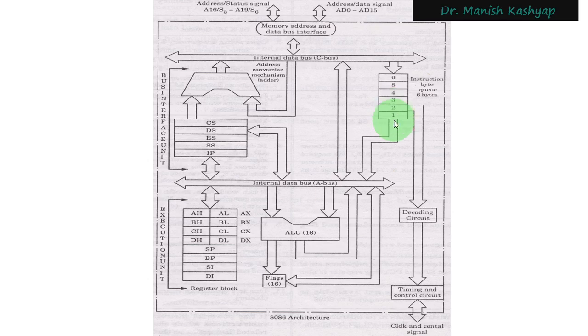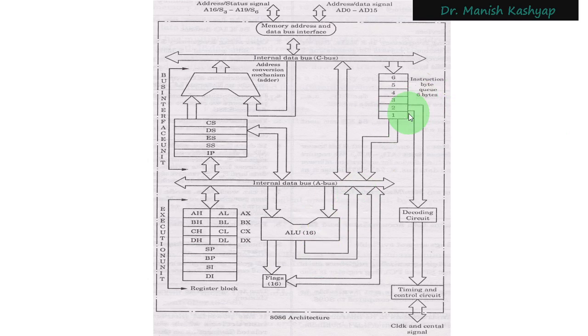So suppose 2 bytes are consumed, it will again take 2 bytes from the externally interfaced memory and keep them here, so that the execution part is separated from the fetching of instructions. In 8085, you fetch one instruction, execute it, then when it gets completed, you fetch the next instruction.